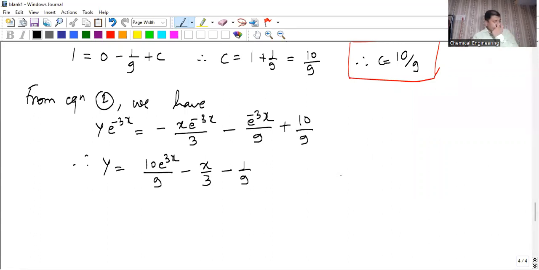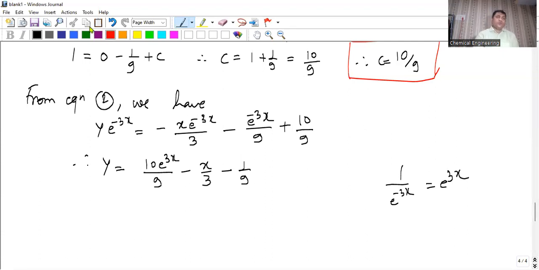Either I can divide the whole equation by e raised to minus 3x, and when I write 1 upon e raised to minus 3x, it is going to be e raised to 3x by laws of indices, or I can multiply the entire equation by e raised to 3x. Whichever is easy for you, you can get this equation.